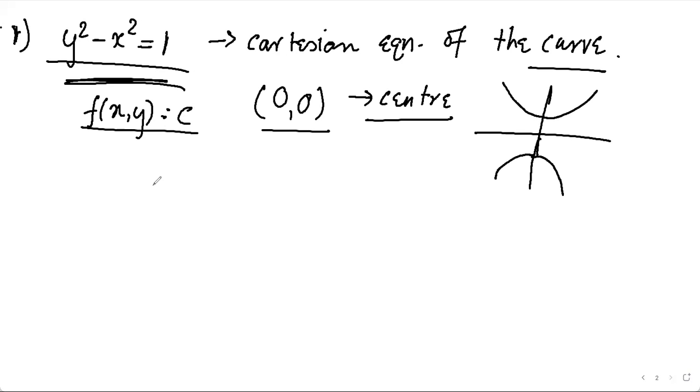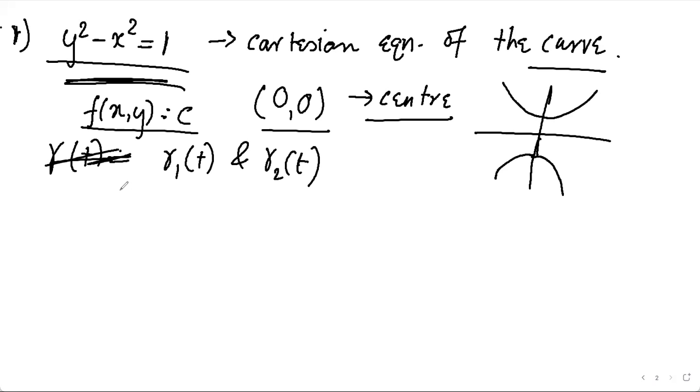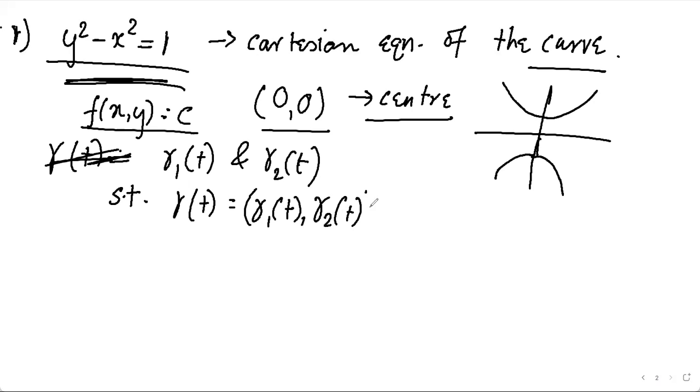So in order to do so, we need to find gamma of t, we need to find gamma 1 t and gamma 2 t such that gamma of t can be written as gamma 1 t comma gamma 2 t.